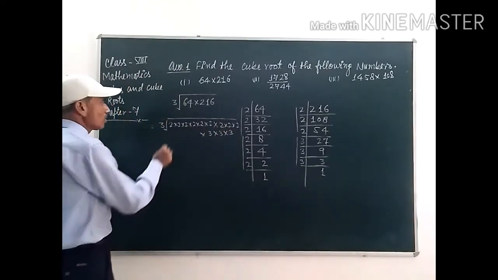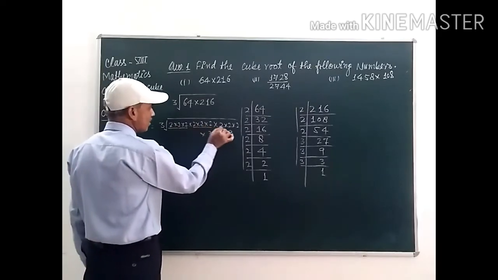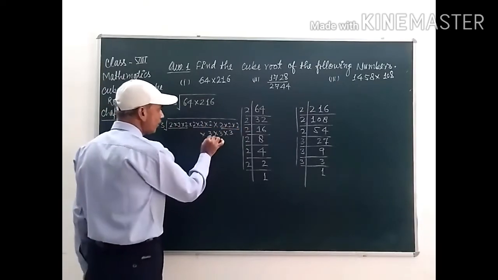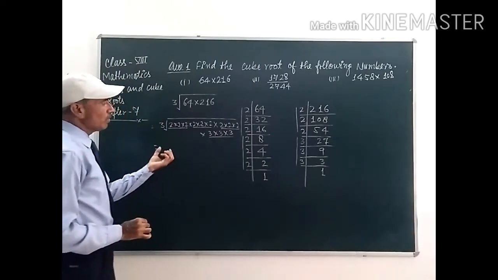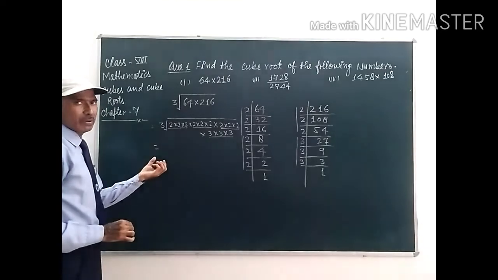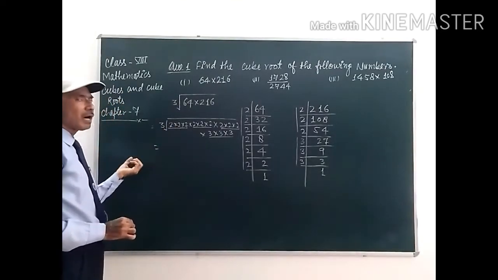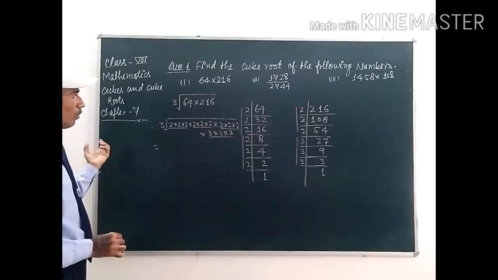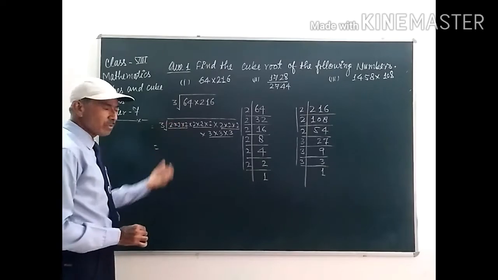Okay, so make the group of 3, or make triplets. Clear? And out of each group you have to take one number. Out of 3 you have to take 1. In square root, out of 2 you choose 1, but in cube roots, out of 3 you will choose 1.